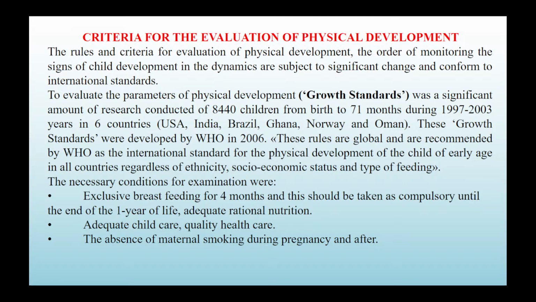To evaluate the parameters of physical development, growth standards were developed from a significant amount of data, a study conducted on 8,440 children from birth to 71 months between 1997 and 2003 in 6 countries: USA, India, Brazil, Ghana, Norway, and Oman.